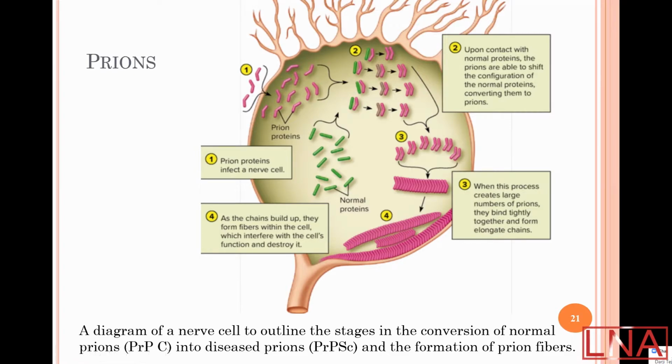And then when the chains build up, they form fibers within the cell which interfere with the host cell function and destroy it. Not exactly disrupt, but destroy the function of nerve cells, primarily. And it's destruction of the cell function and sometimes connections between cells.